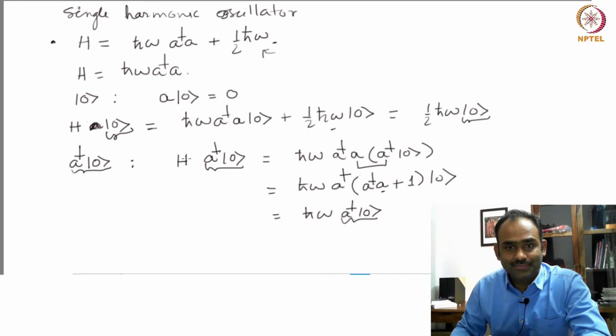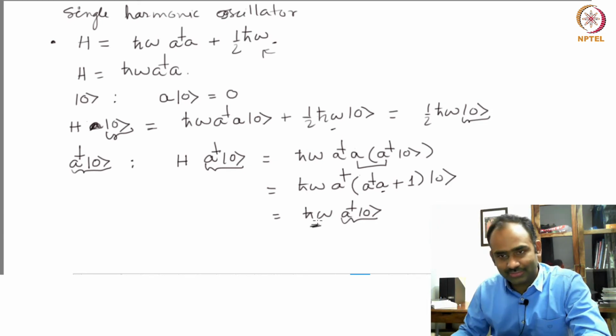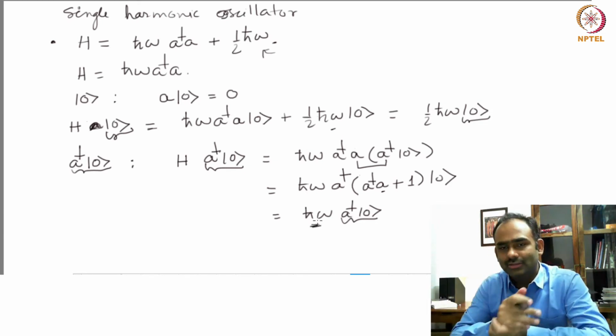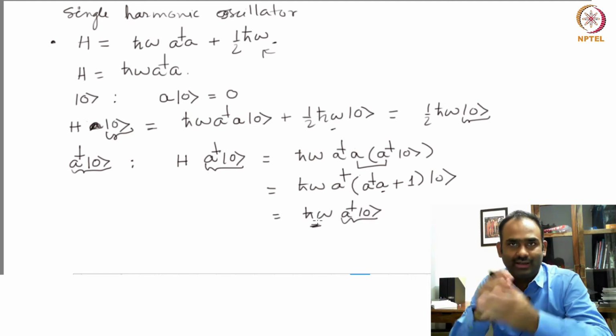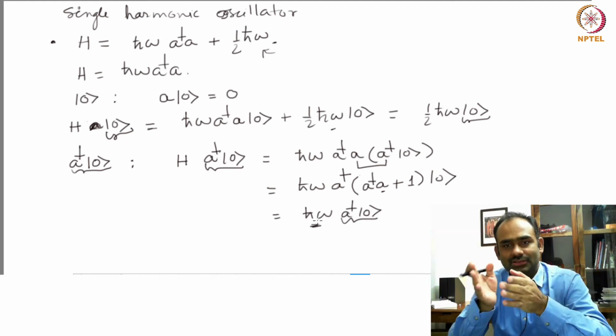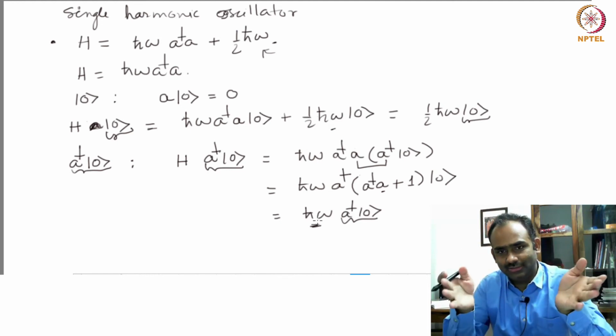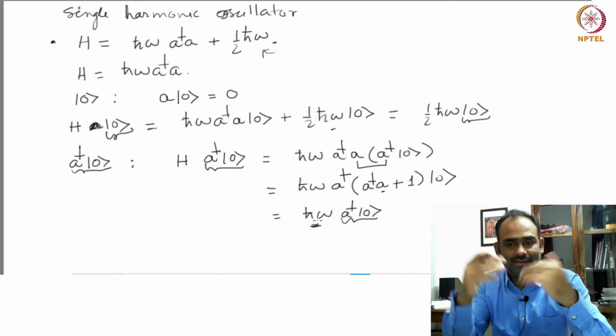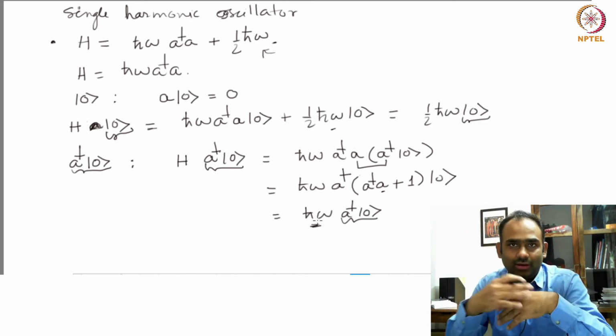So clearly this state a dagger ket 0 is an eigenstate of the Hamiltonian with energy this much. And you already know that if I act with a string of a daggers on the ket 0, I go up the ladder and they all are eigenstates.